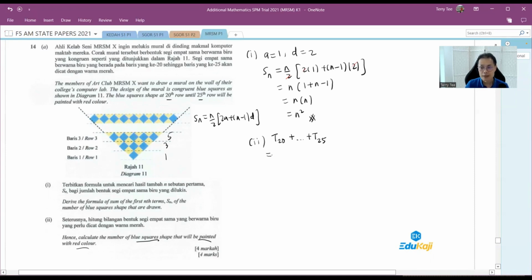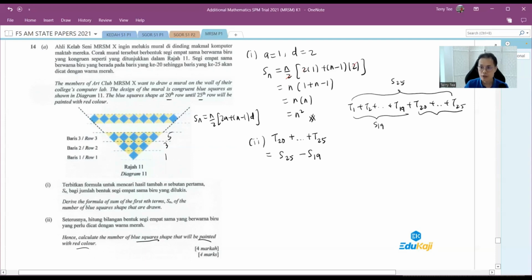So to find the total number, we just take S25 minus S19. Now, for those who are not sure, let me show you here. T1 plus T2 until T19. This is T20 until T25. Now, this sum is the sum of the first 25 terms. If I want the 20th to 25th, I must get rid of the sum of the first 19.